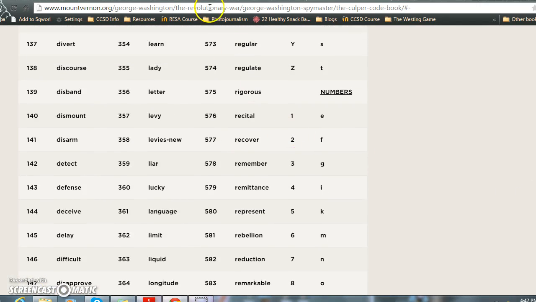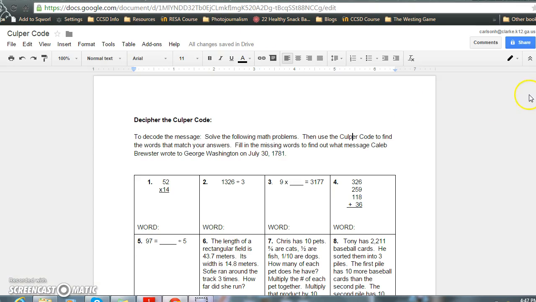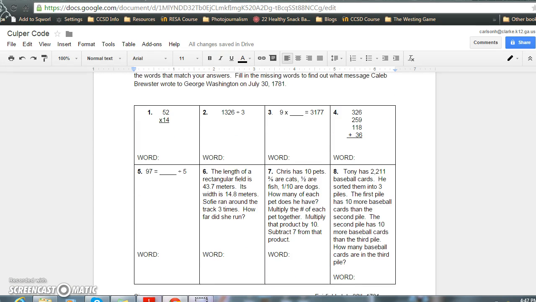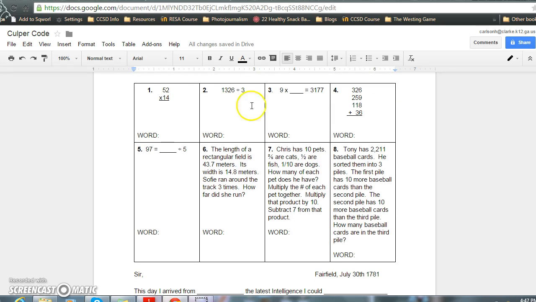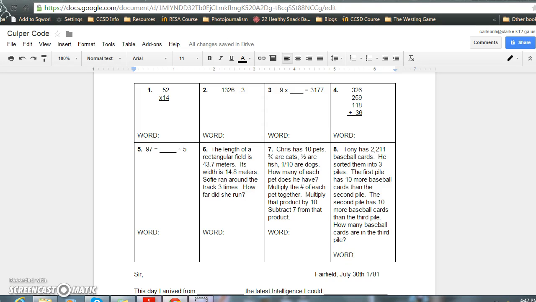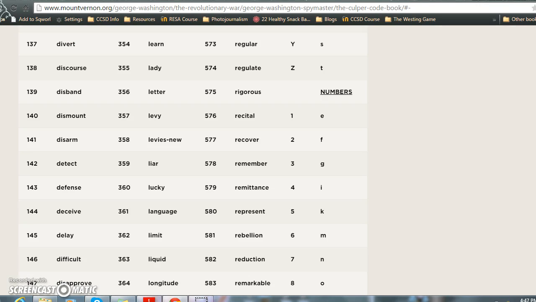So your assignment is, you've got these 8 problems to figure out. Once you've figured out the answer, you're going to use the code book to figure out what the word is. So, for instance, if the answer to one of these problems happens to be 577, the corresponding word would be recover.